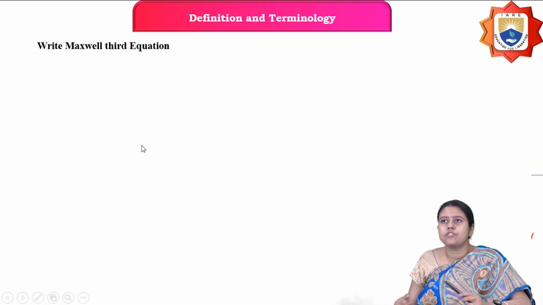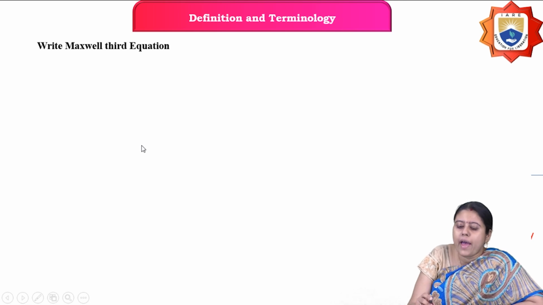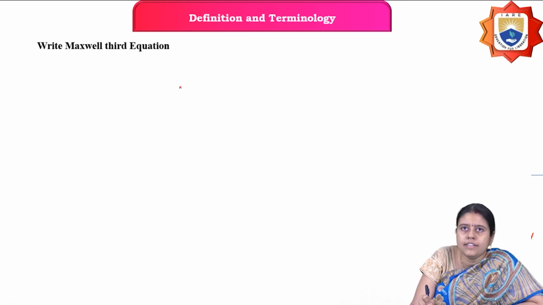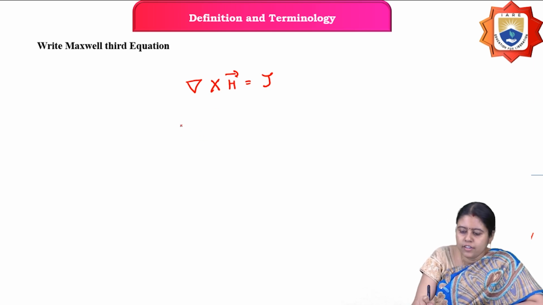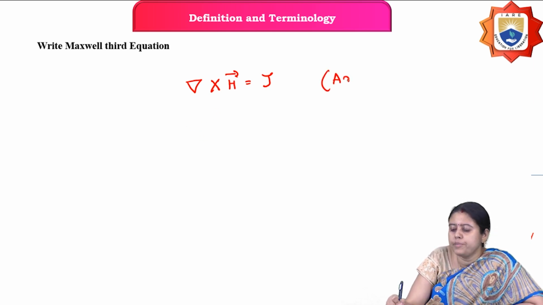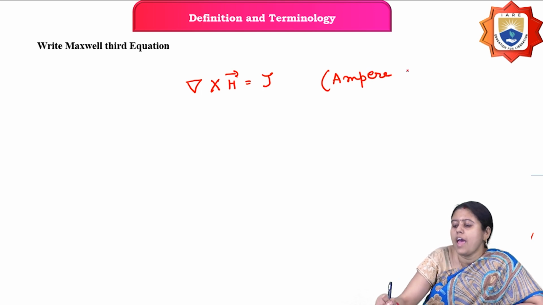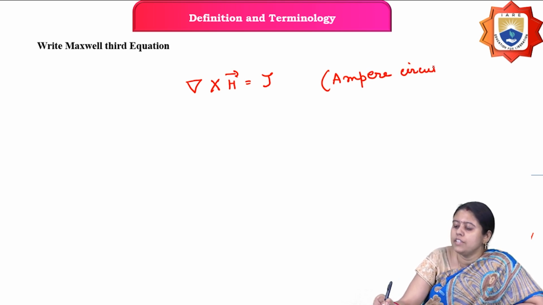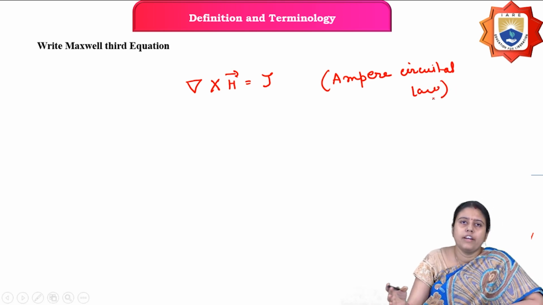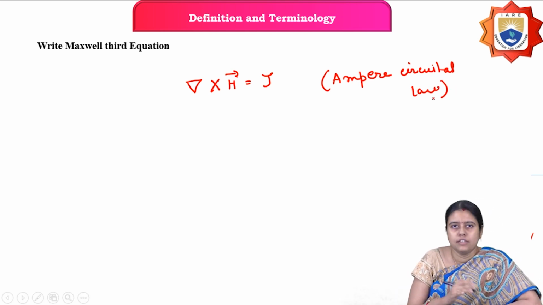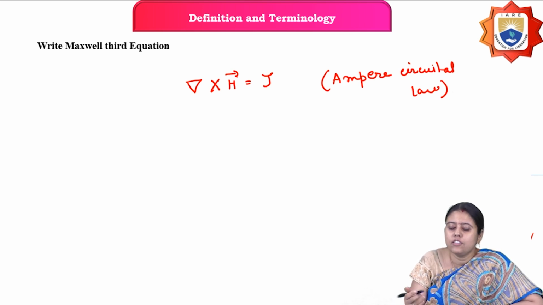What is the Maxwell's third equation? Maxwell's third equation tells that grad cross H is equal to J. We can prove it from the Ampere circuital law. The detailed derivation is already in my old lectures. You can find the details there.